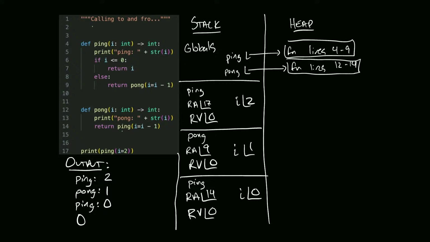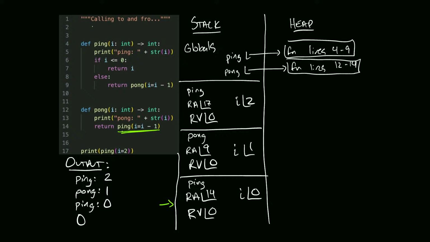So when we are looking at this frame, what got us there was this function call, ping I is I minus 1.